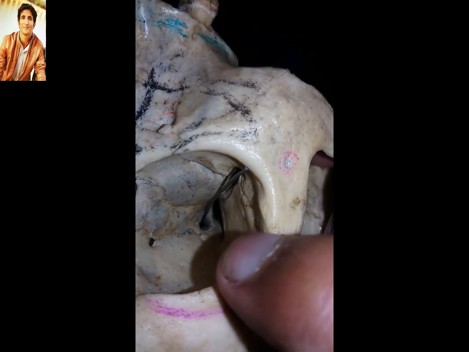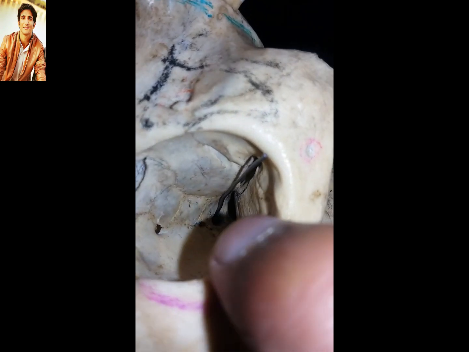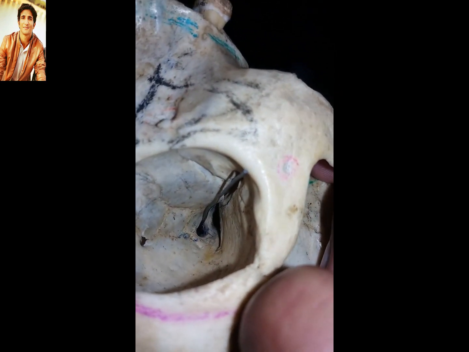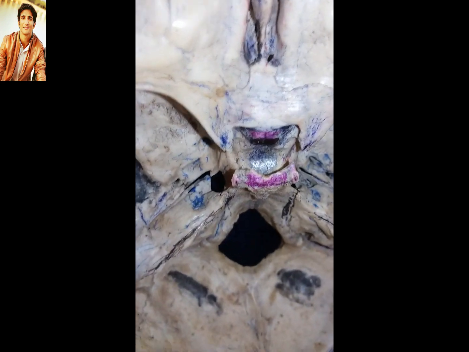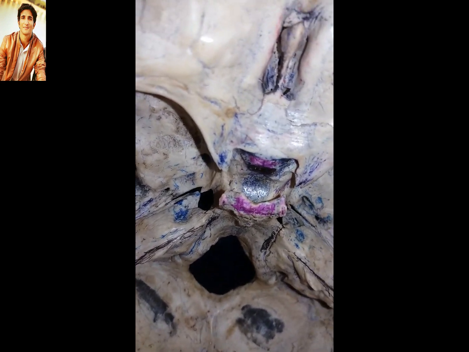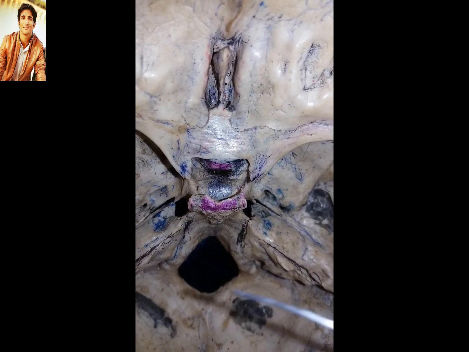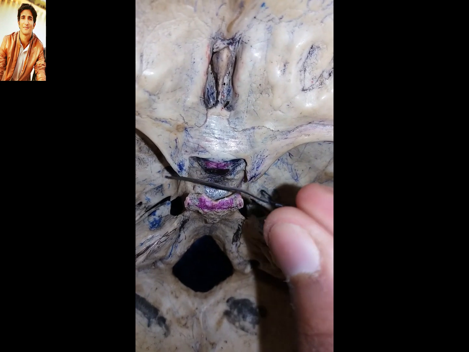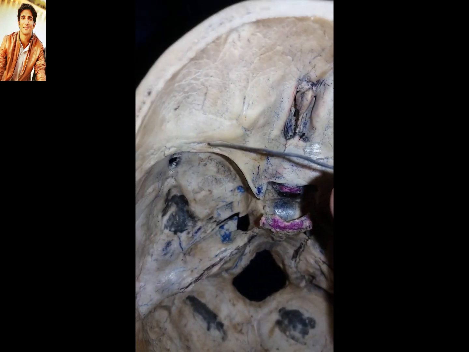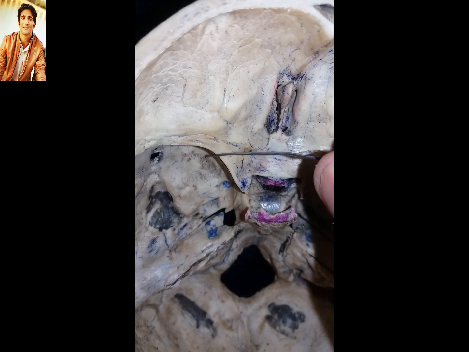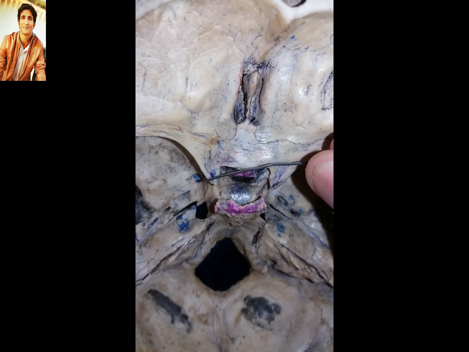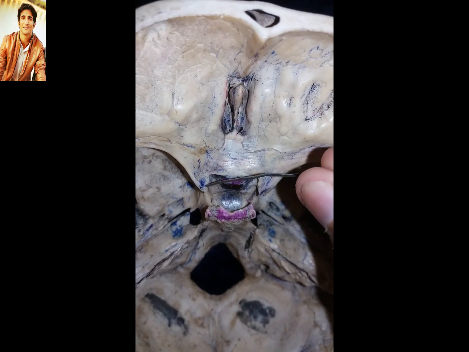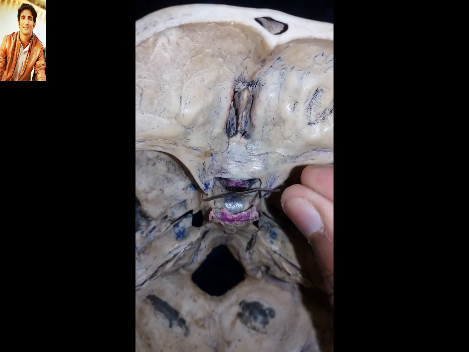It opens into the orbit. This is the anterior clinoid process. The medial end of the lesser wing curves medially and posteriorly to form the anterior clinoid process.